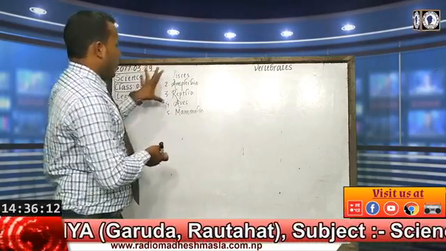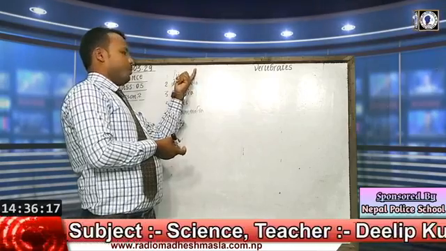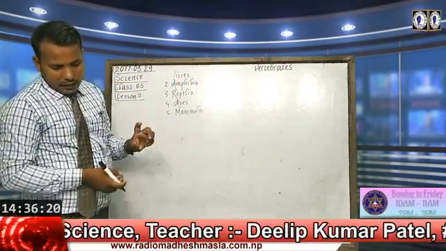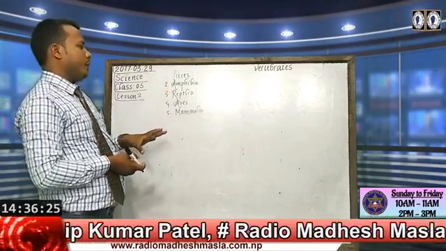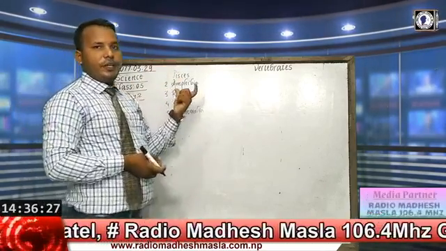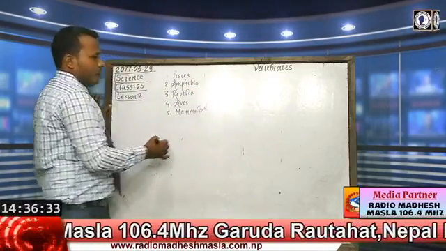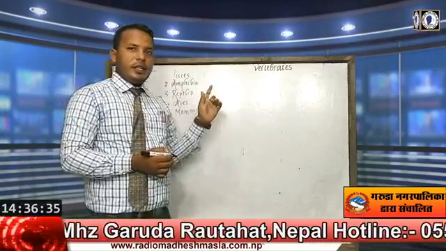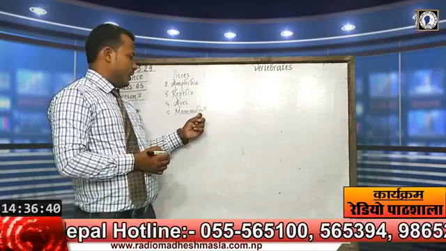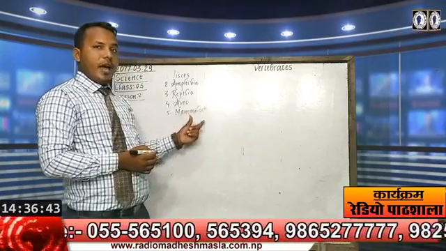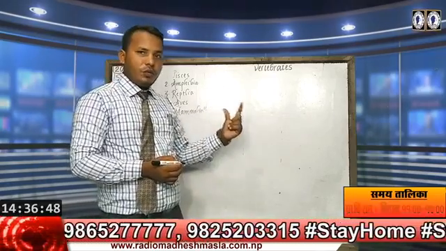Once again, Pisces means all the fishes are kept in this group, Pisces. They are found in lake, pond, river, sea, ocean. But dolphin and whale are kept in Mammalia. Remember that dolphin and whale are kept in Mammalia because dolphin and whale give direct birth to their young ones.